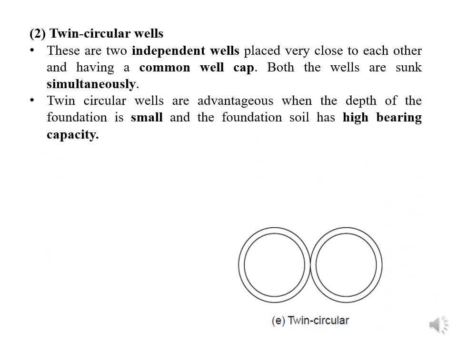Twin circular wells are advantageous when the depth of the foundation is small and the foundation soil has high bearing capacity. In that case the well is going to rest on the hard strata, if hard strata is nearby from the river bed. In that case, these wells will be more beneficial.